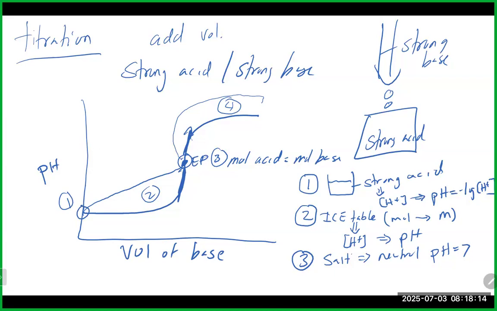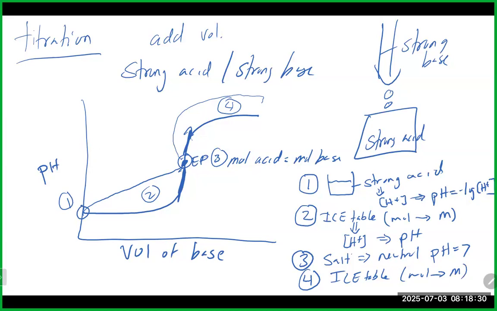Then if you continue on past the equivalence point, you do need to do, again, an ICE table here in moles, and like we talked about before, then convert it back to molarity using the total volume.